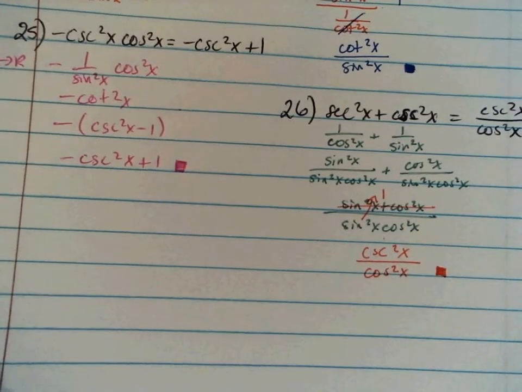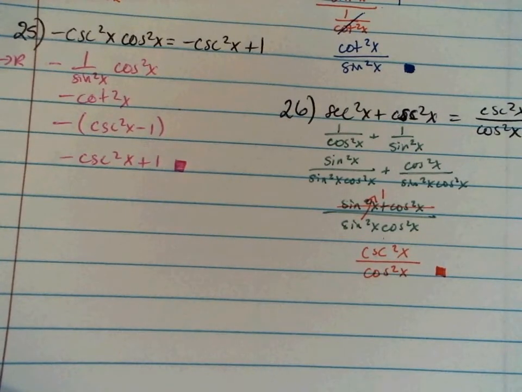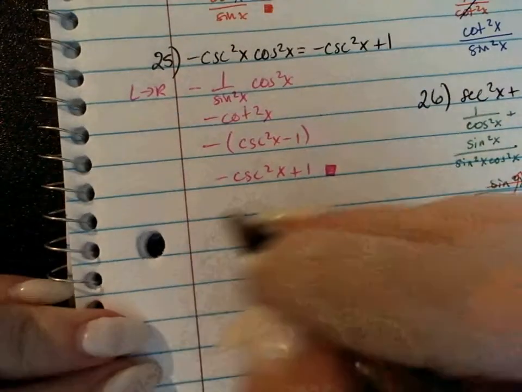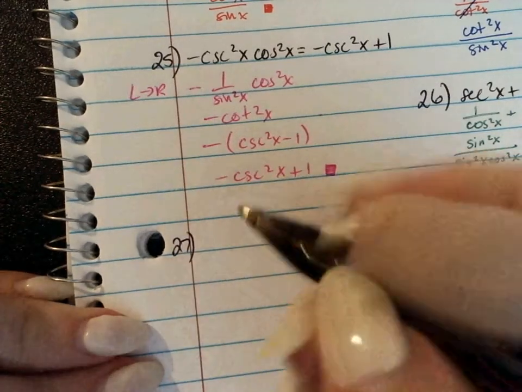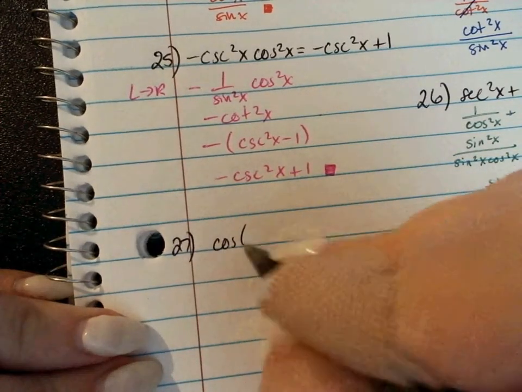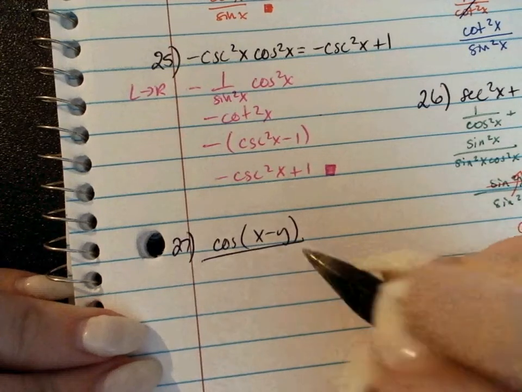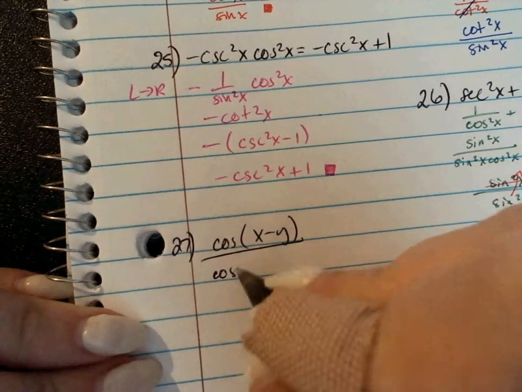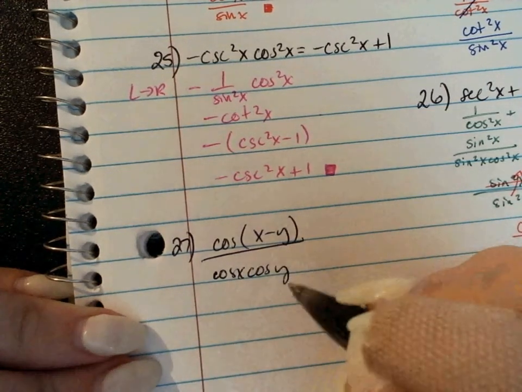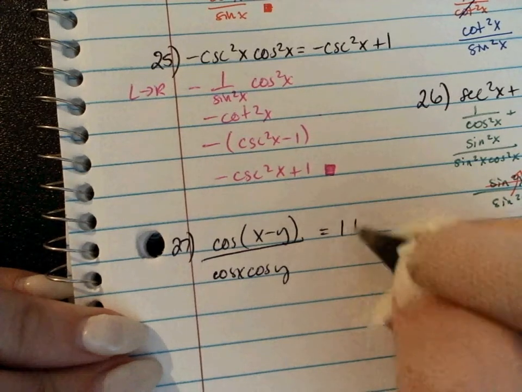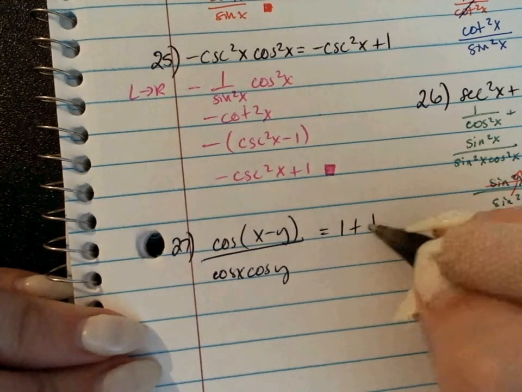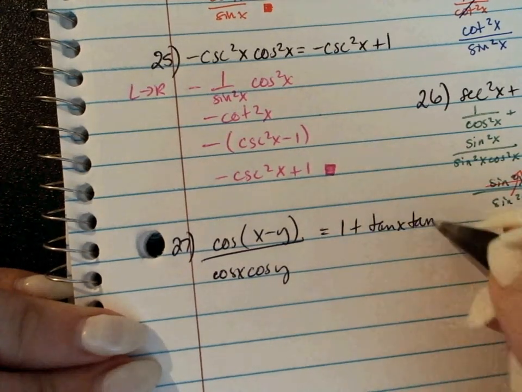Okay. So let's look at number 27. Number 27 says cosine of x minus y over cosine x cosine y equals 1 plus tan x tan y.